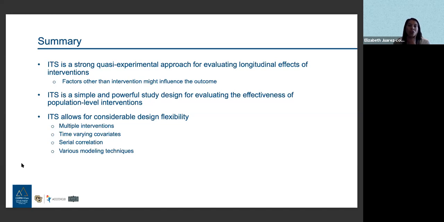It also allows for addressing serial correlation, which is particularly important for aggregated data. It allows for a series of modeling techniques that address multiple important aspects of the study design.